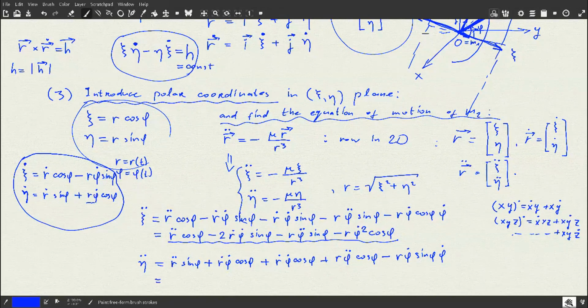And this is equal to r double dot sine phi plus 2 times r dot phi dot cosine phi plus r phi double dot cosine phi minus r phi dot squared sine phi.